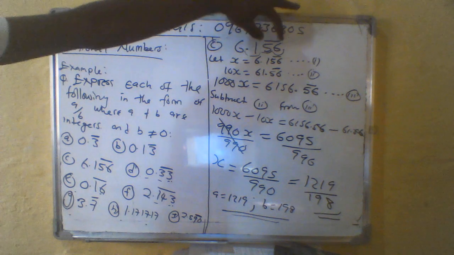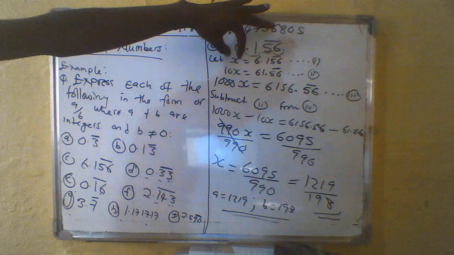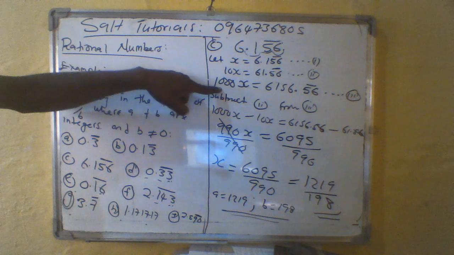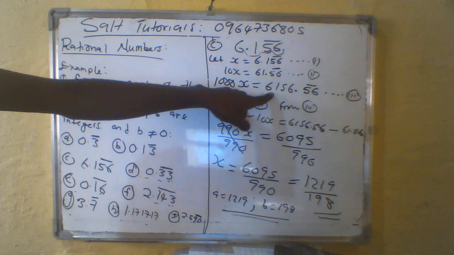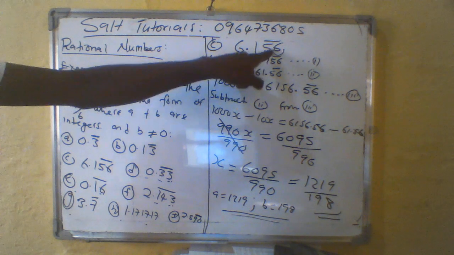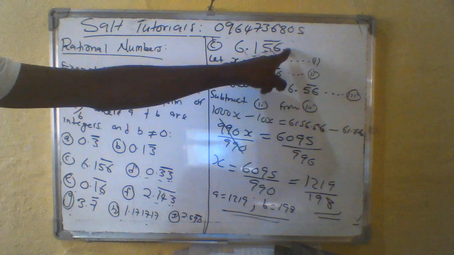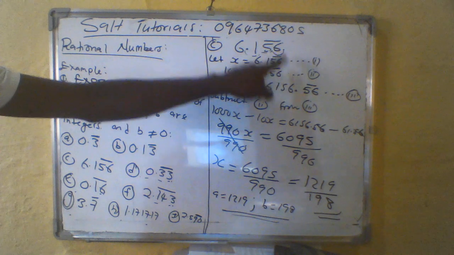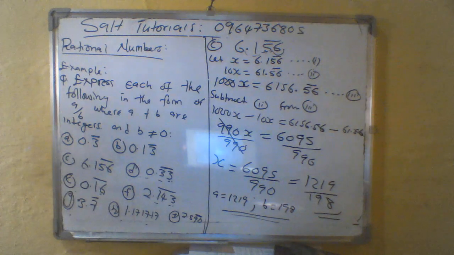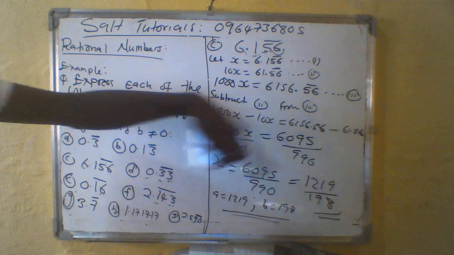So from the same x, when x is multiplied by 1000, the point is going to move 1, 2, 3, hence having 6156 point. Since 5, 6 was repeating, a 5, 6 again is going to be formed after the point. Then I have two expressions which have the same repeating decimals.